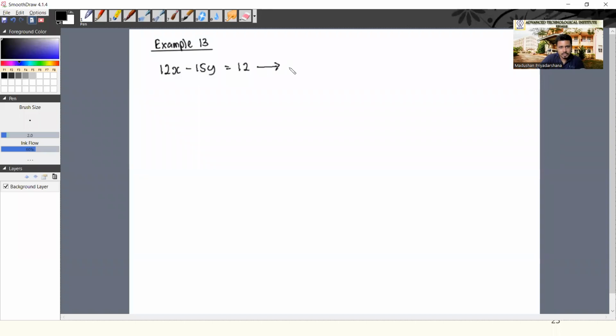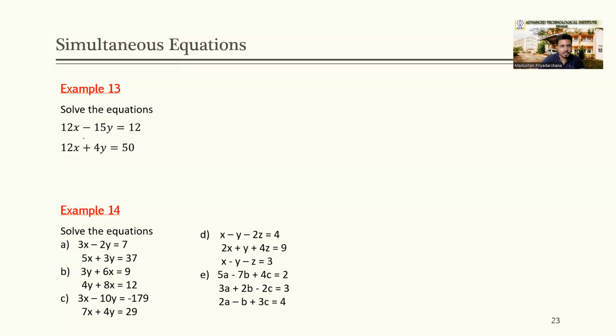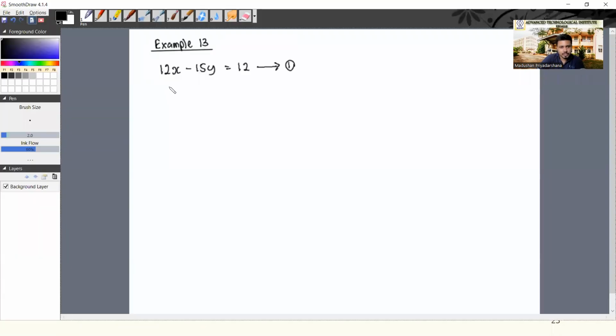This is our equation number 1. Then 12x plus 4y equals 50. This is our second equation.